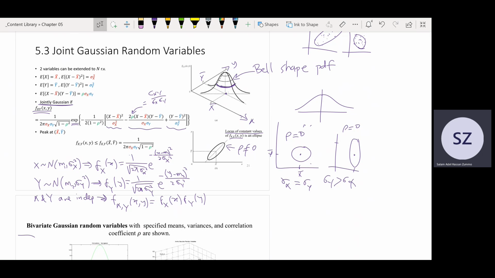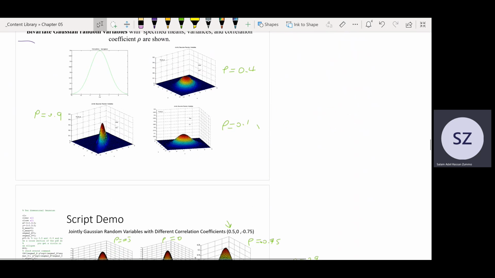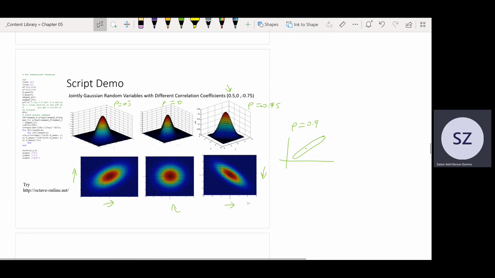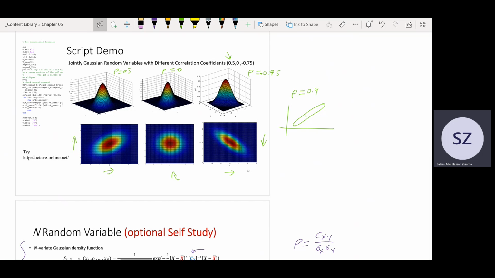And this established the fact that if you have uncorrelated joint Gaussian, they are independent. And we showed how the joint PDF looks, and we talked about the contour, the locus, where you fix the PDF.